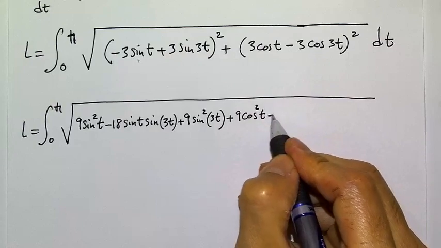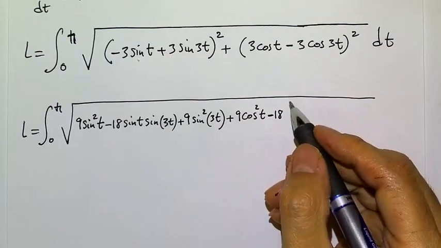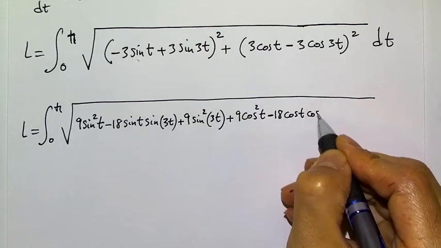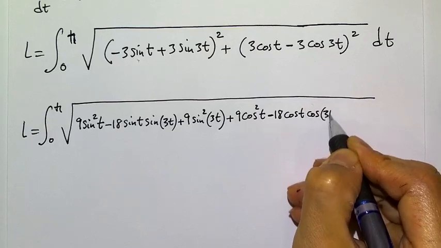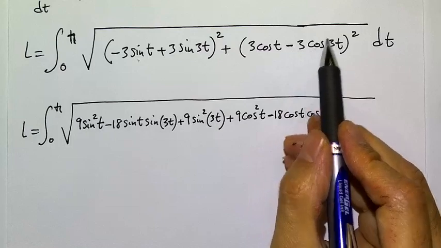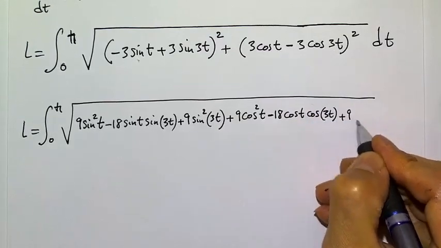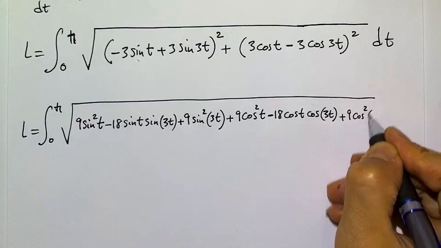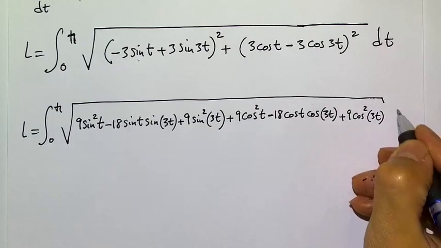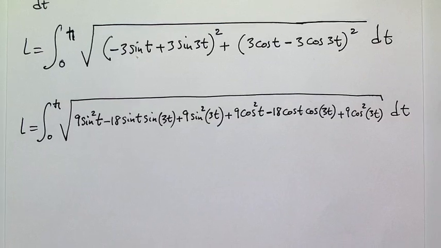Again, we get minus 18 cosine of t times cosine of 3t, and then plus 9 cosine squared 3t. Like that, and then of course dt. Okay.